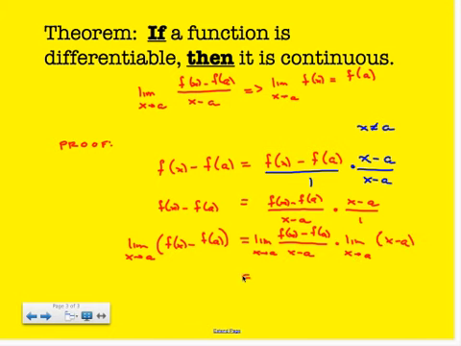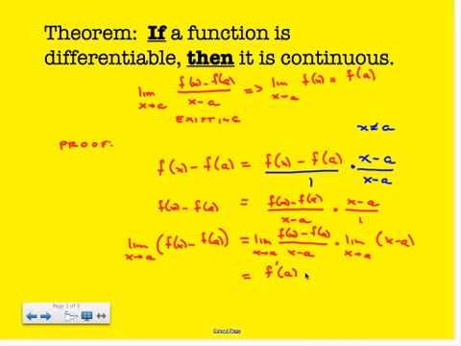Now, the first piece is the definition for f prime of a, if it exists. But by hypothesis, this limit does exist. So I should have put in the beginning here that limit existing implies that this is true. So this limit exists, and we have a symbol for it. We call it f prime of a.